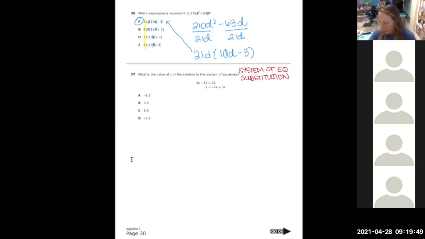So we are going to take what y equals, which is negative 5x plus 32, and we're going to plug it in for y in the other equation. So now we will have 3x minus 5 times negative 5x plus 32, and that equals 22.